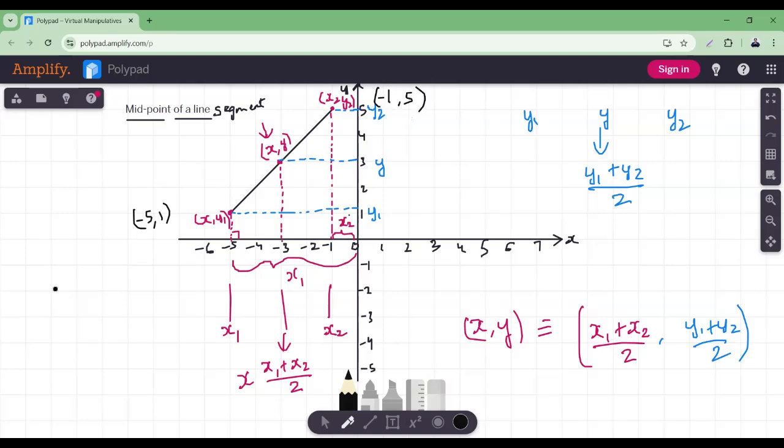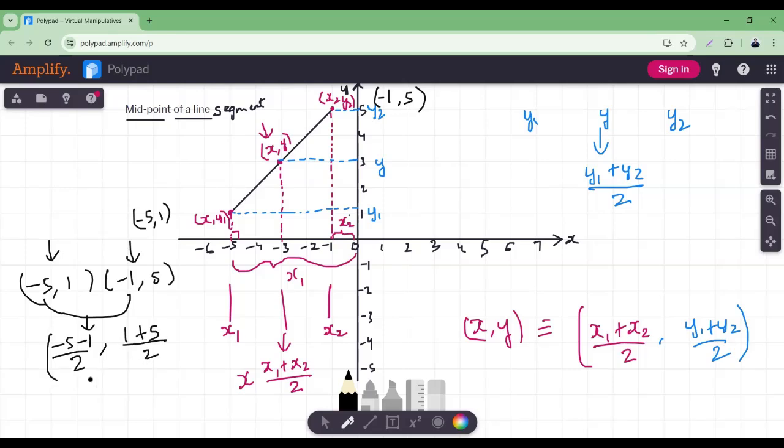Now I need to add these and divide by 2: -1 and -5 added, divided by 2, comma, 1 plus 5 by 2. This gives me -3 comma 3. Now look at this point here. It is -3 comma 3. This is how we can find the midpoint of a line segment.